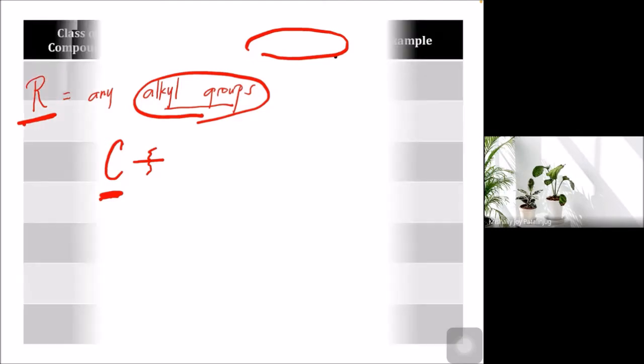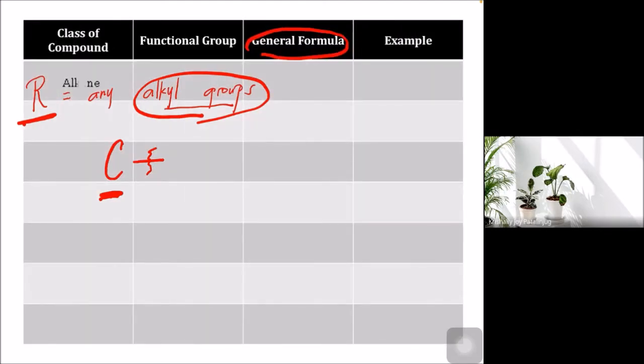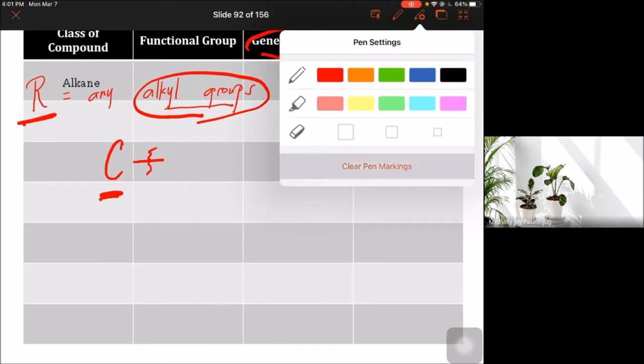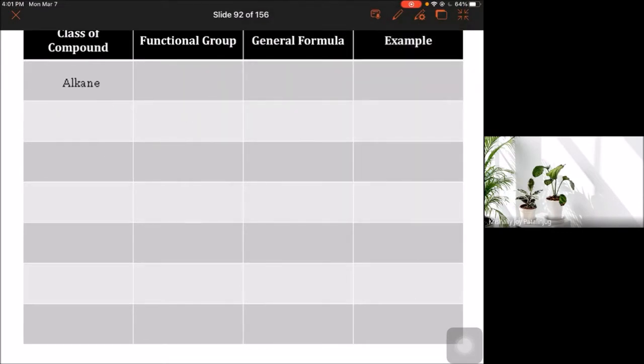Okay. So let us now proceed to the common functional groups. So in this table, your goal should be to master the identification of functional groups. So you have to be familiar with the different functional groups, the structural feature of each functional group.